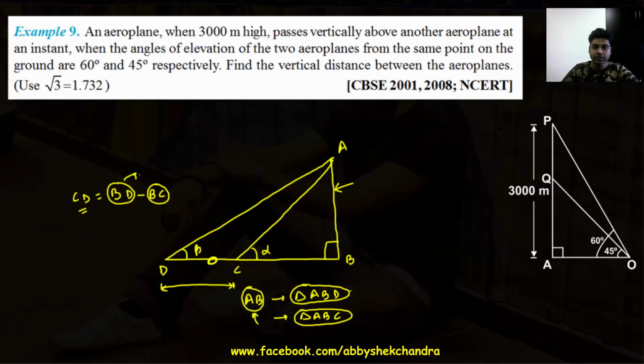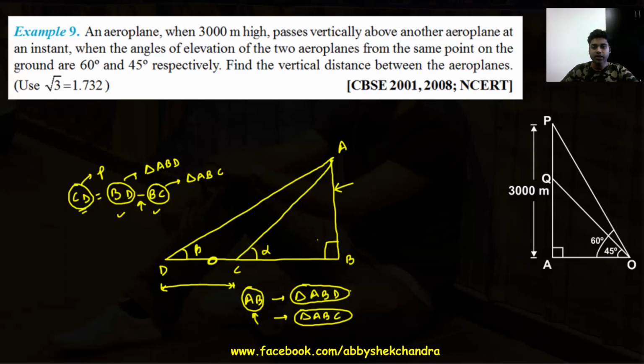So BD is a part of right angle triangle ABD, BC is a part of right angle triangle ABC. Now these two values we calculate and subtract to get the value of CD. So if the value of CD is given, we just substitute and we find the value of the unknown. So these are the two methods that we use.